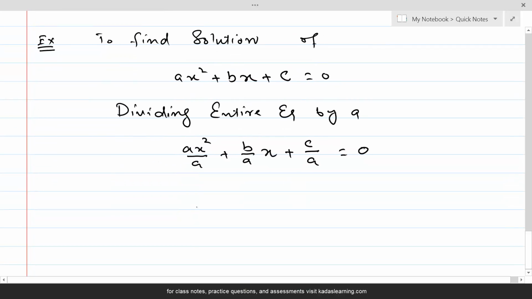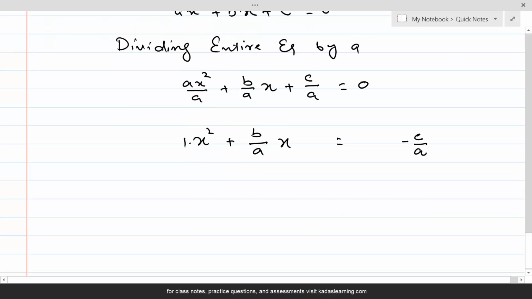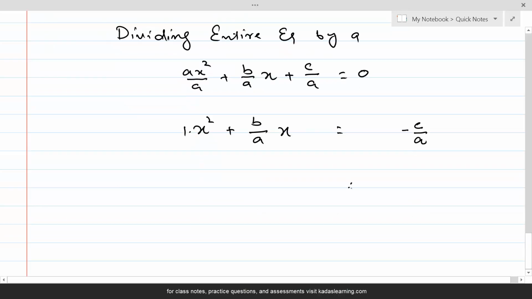This was the first thing, and here we got x square, the coefficient of x square obviously is equal to 1 now, plus b over a x, and we know that we have to move the constant term to the right hand side, so this would be minus c over a. In rough area, what we do is we write the coefficient of x, which is plus b over a, and then multiply it with 1 by 2.